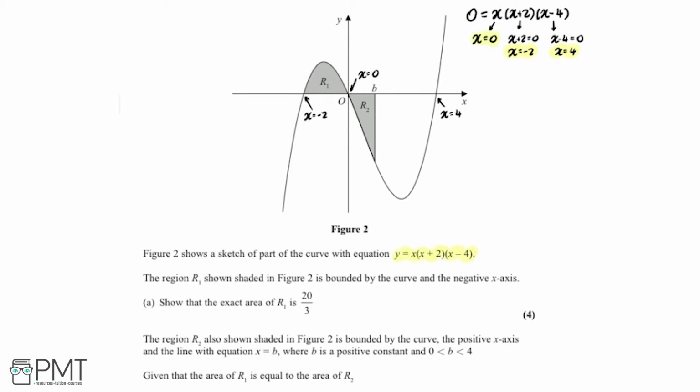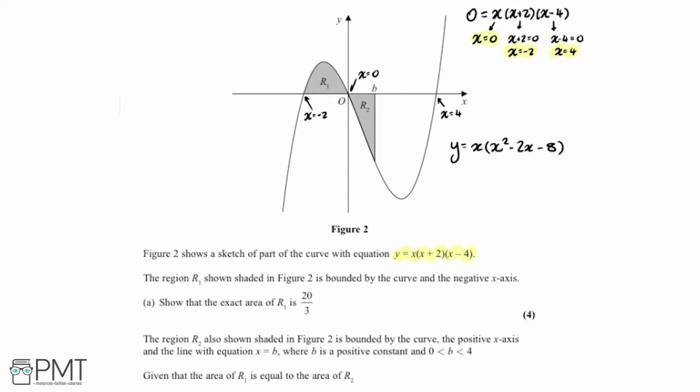Now the last thing we're going to do before carrying out the integration is see what form we've got the equation of the curve in. At the minute it's in factorised form, which was helpful for what we just did, like working out the roots. However, it's not very helpful for integration. It's much easier if the brackets are expanded, so we're going to do that quickly. Here, y equals, and if I expand these two brackets first, we're going to have x squared, then minus 4x plus 2x, so it's minus 2x, and then minus 8.